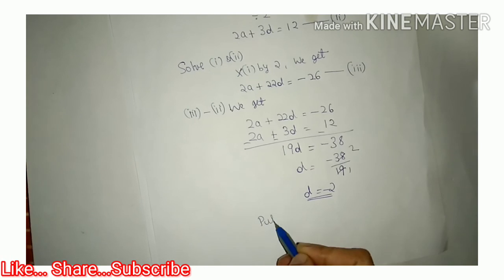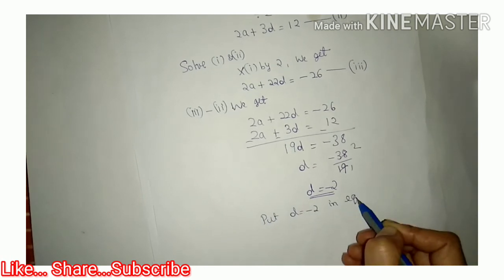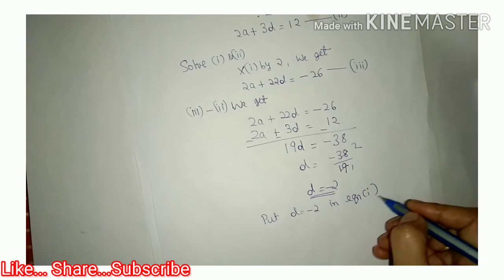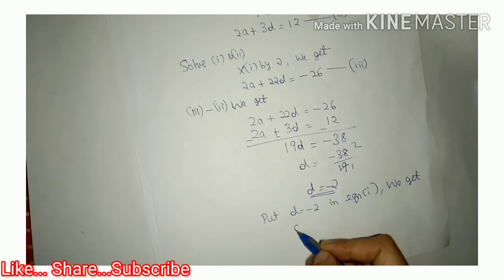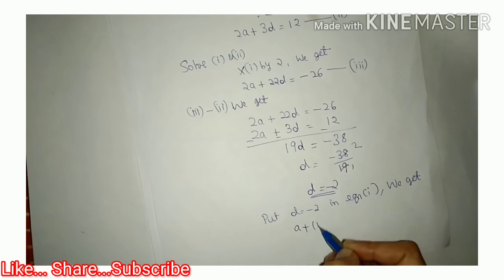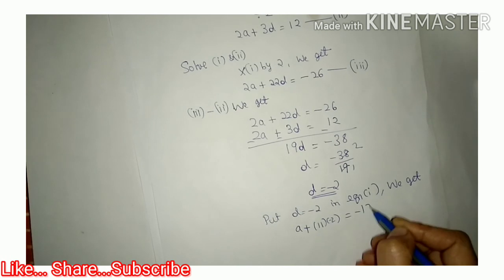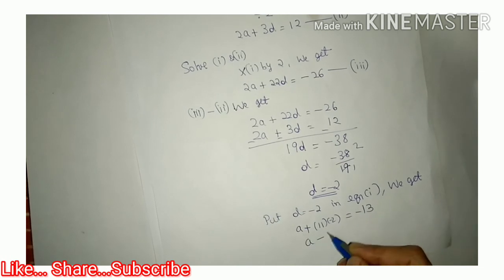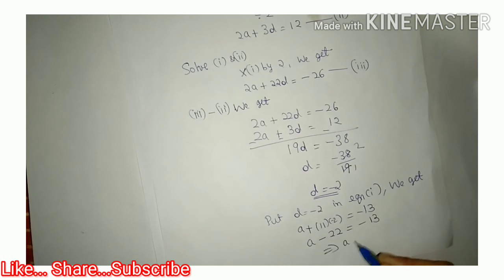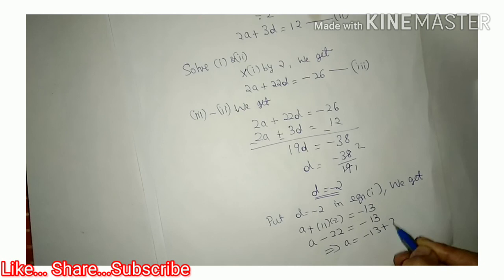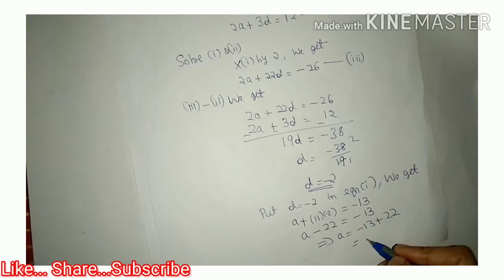Put D is equal to minus 2 in equation 1. We get A plus 11 into minus 2 is equal to minus 13. A minus 22 is equal to minus 13. A is equal to minus 13 plus 22, which is plus 9.